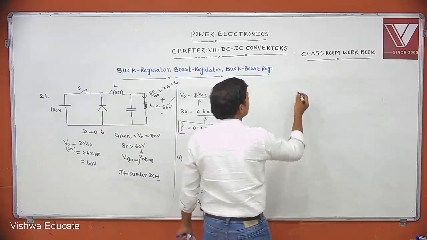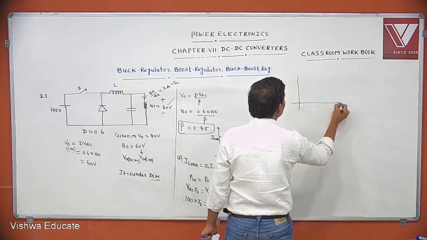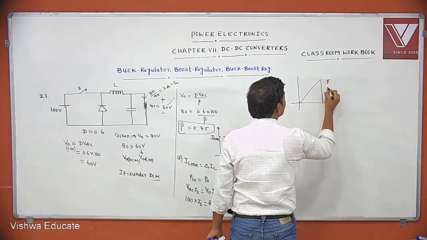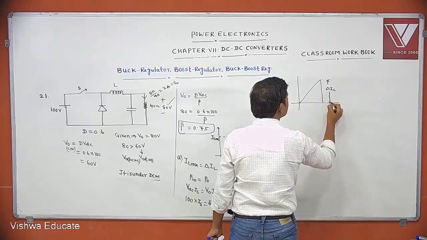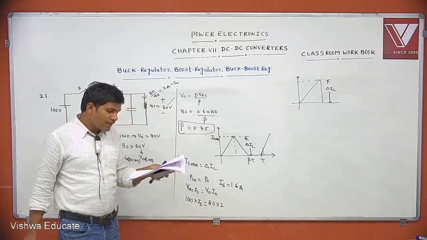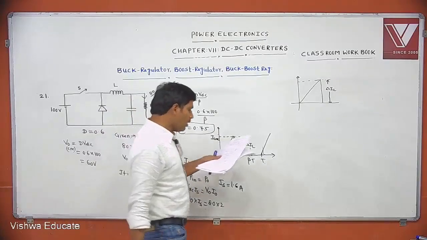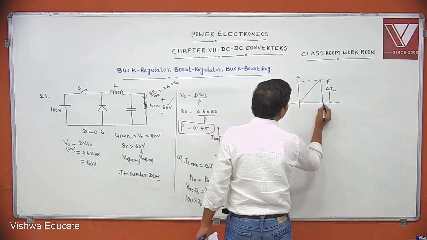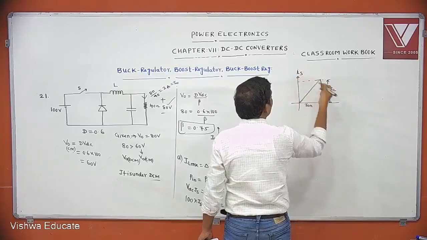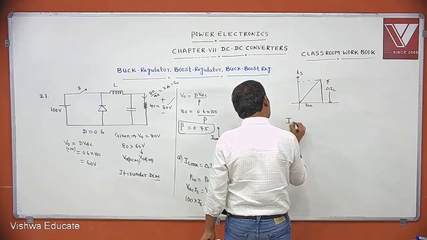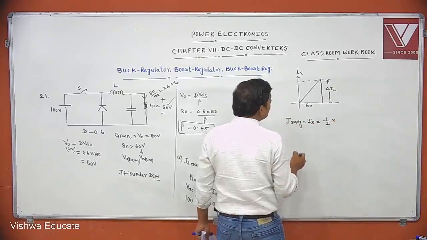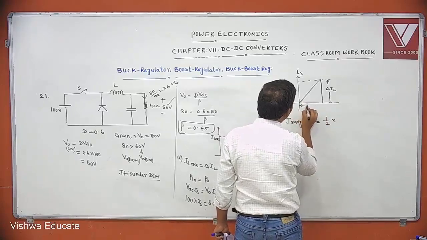If you draw the source current waveform, it also has a peak of delta IL. Can you calculate the average source current from this waveform? The source current flows only during the on time, T on.